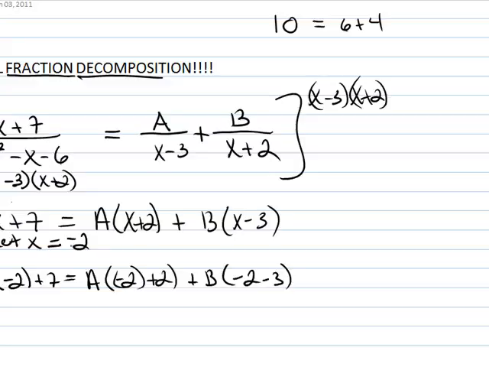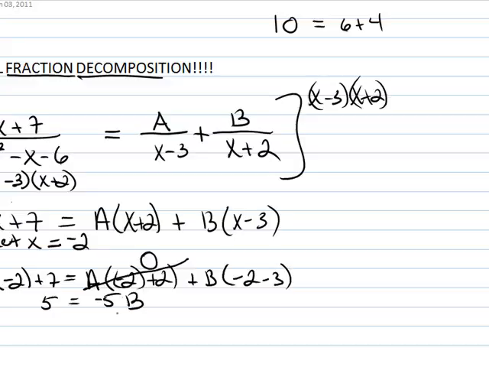We picked a convenient number for x because if you put negative 2 in for x, this becomes 0. And you're left with an equation with only one unknown, which you can solve. Negative 2 plus 7 is 5. And over here we have negative 2 minus 3, which is negative 5b, because a times 0 would just be 0.